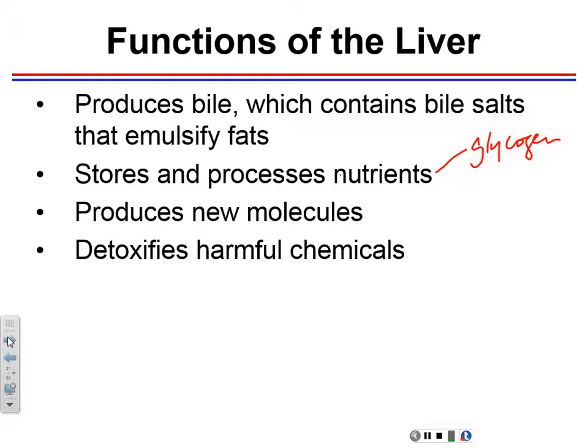That's synthesis of new molecules. In the exam, if I ask about liver functions, I want you to talk a little bit about that. Don't just say it produces new molecules and stop right there. Tell me how it will convert proteins into carbohydrates and lipids and so forth, or how it will convert certain amino acids into other amino acids.